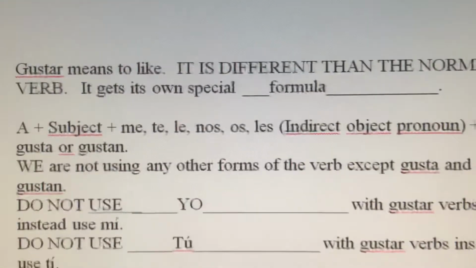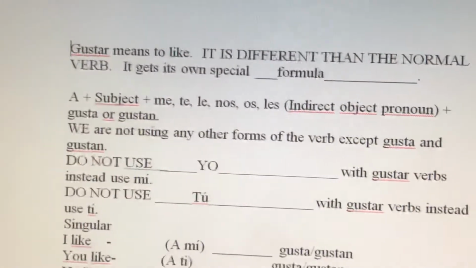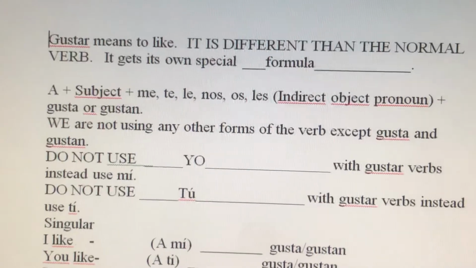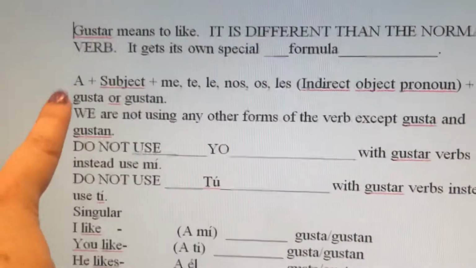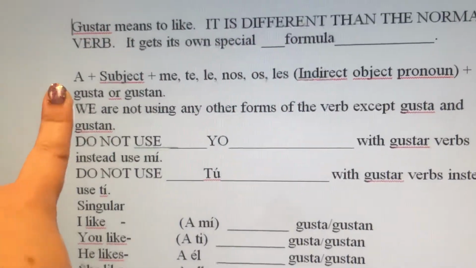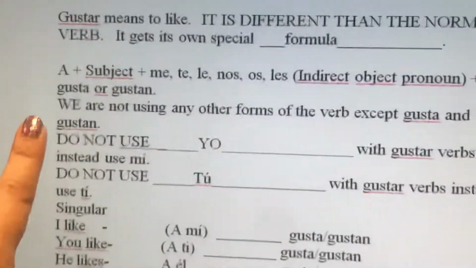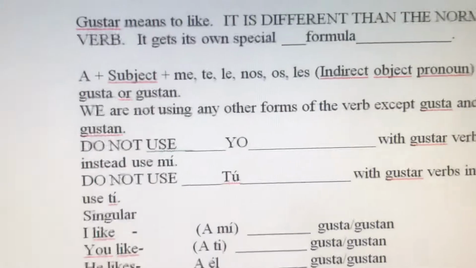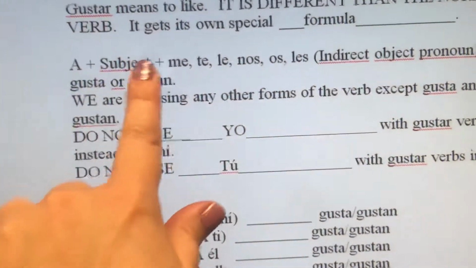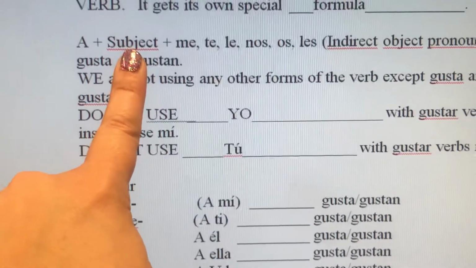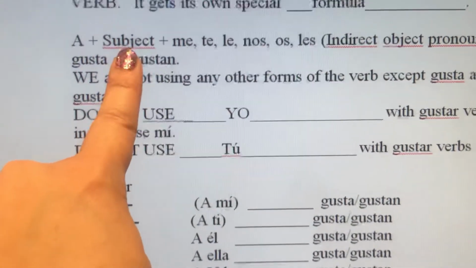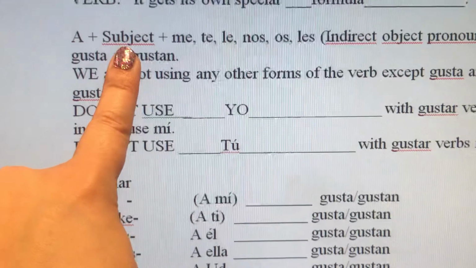So Gustar verbs, well, we know that Gustar means to like, and it's different than normal verbs because it gets its own special formula. Now this is a really important part right here because this part is our formula. Gustar verbs start with the letter A, and then you have the subject. The subject is like a mí, a ti, a él, a ella, a Juan, a Sara, a Rebecca, whatever.